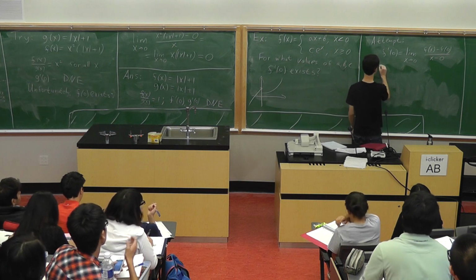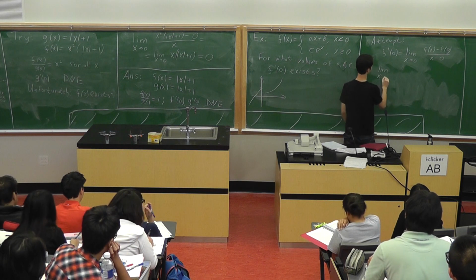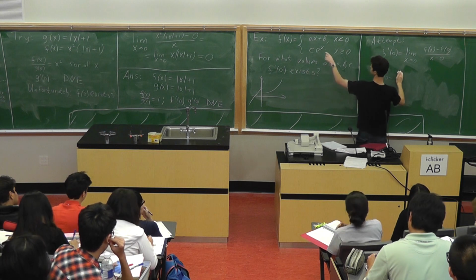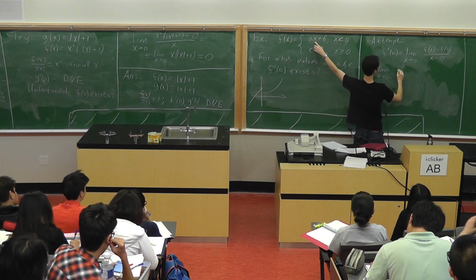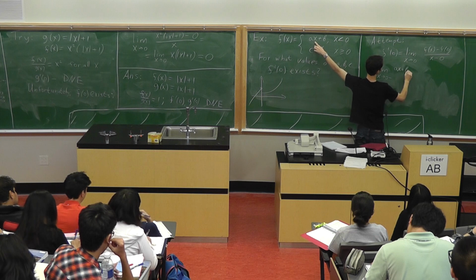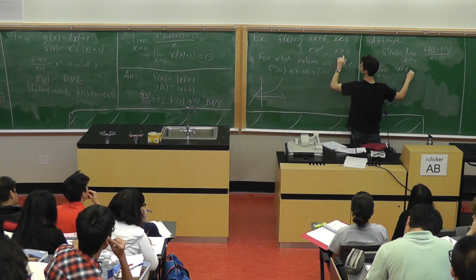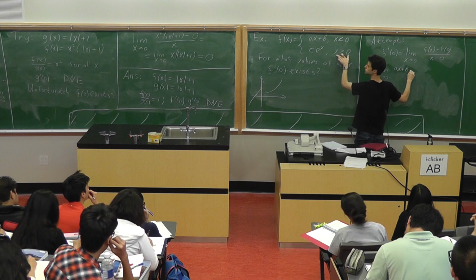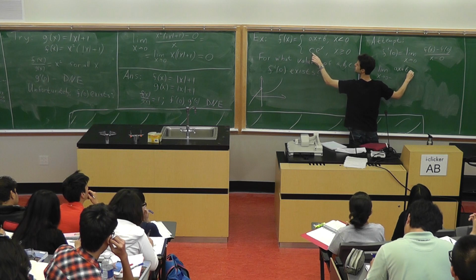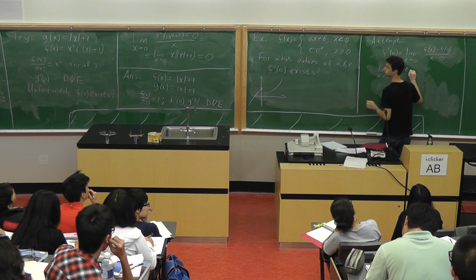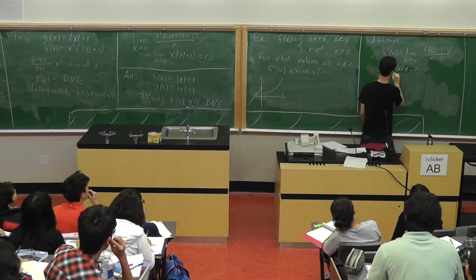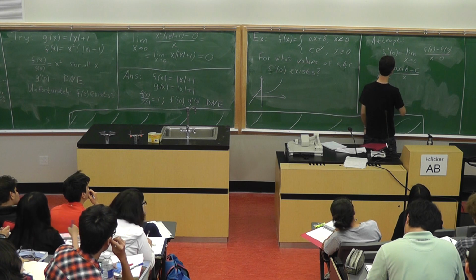So the limit from the left is, well, I'll use this. The value at 0 is right here: when x is equal to 0, f of 0 is c times e to the power 0, so it is c. Then divided by x.